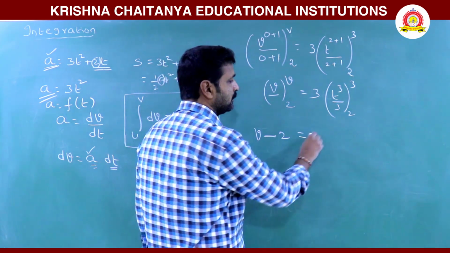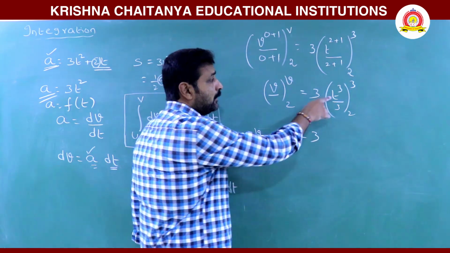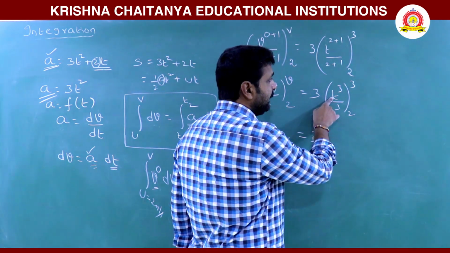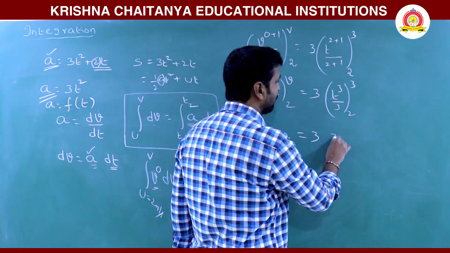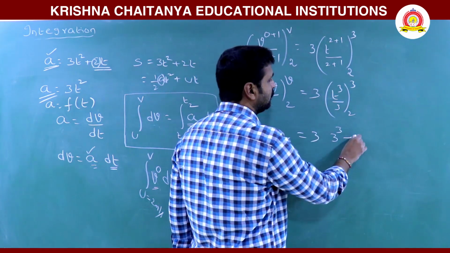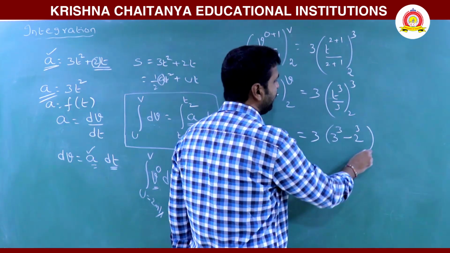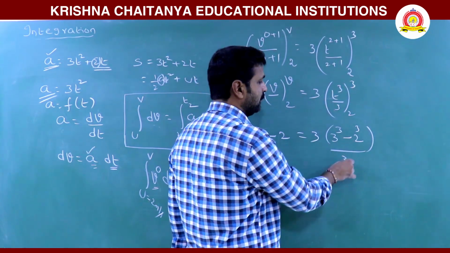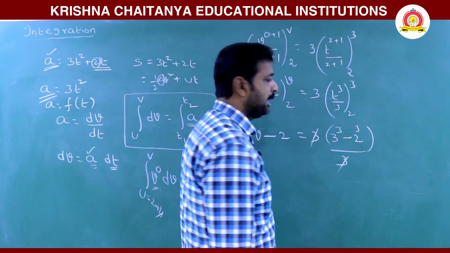That is equal to 3 into, here in the place of t, first substitute 3 cube minus substitute 2 cube by 3. So 3 will be cancelled out.